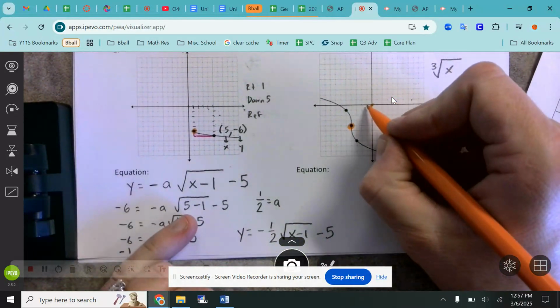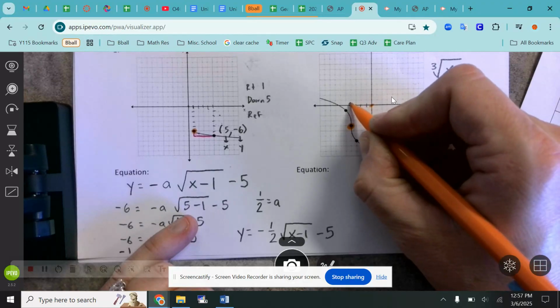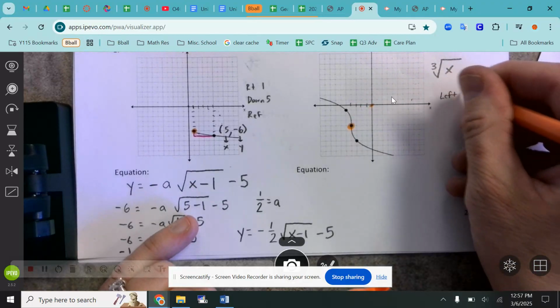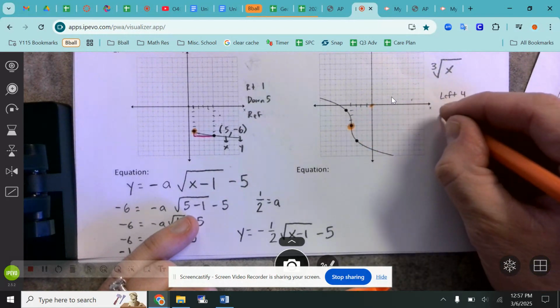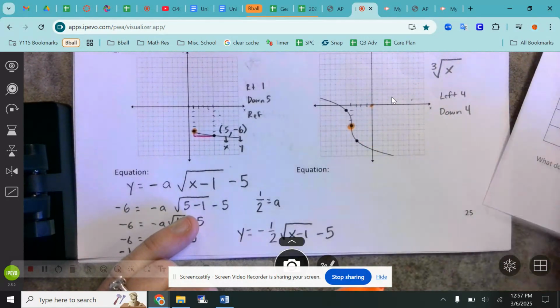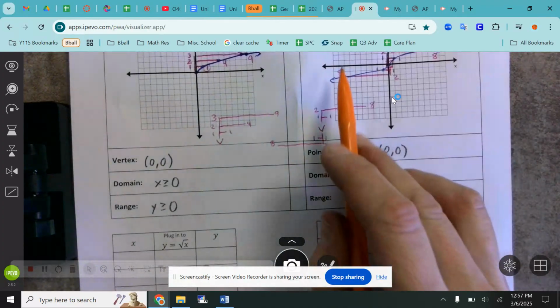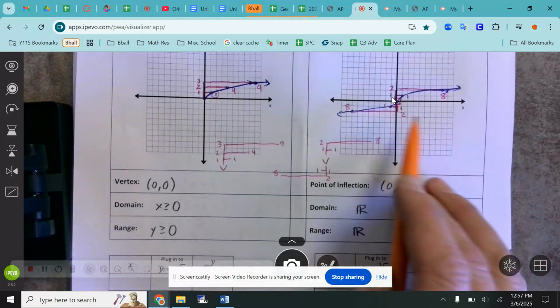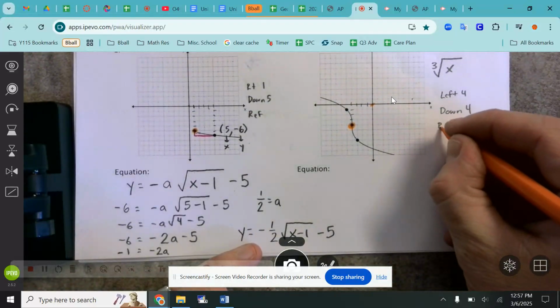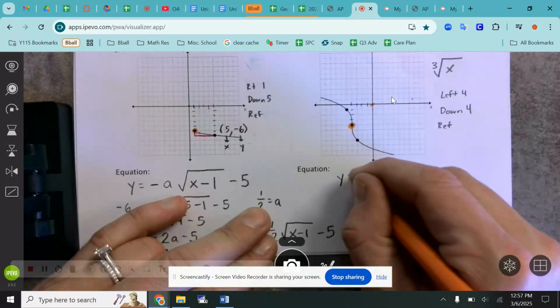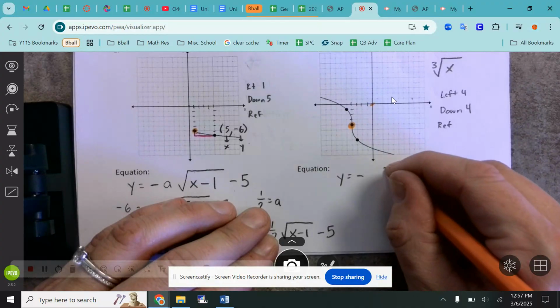Where did I go? I went left 1, 2, 3, 4. I went down 1, 2, 3, 4. And once again, you guys, my graph flipped. So since my graph flipped, I got a reflection. Okay. I have negative, leave space, cube root.